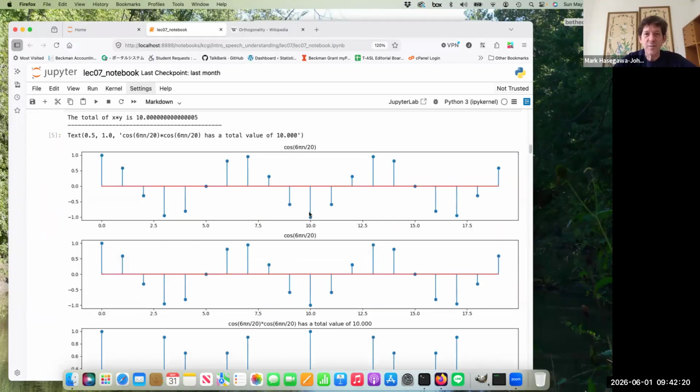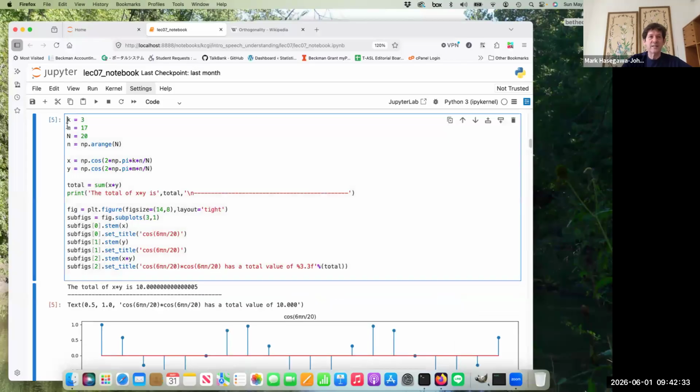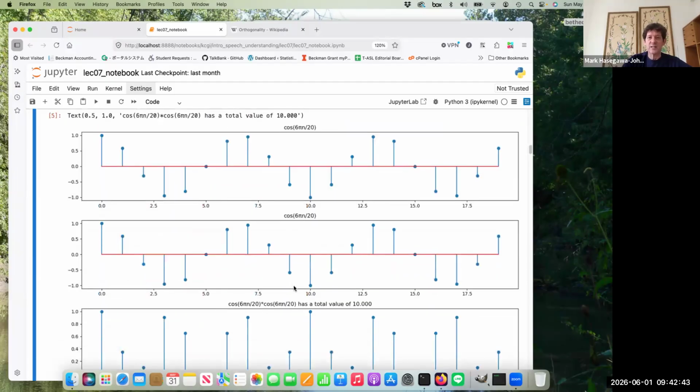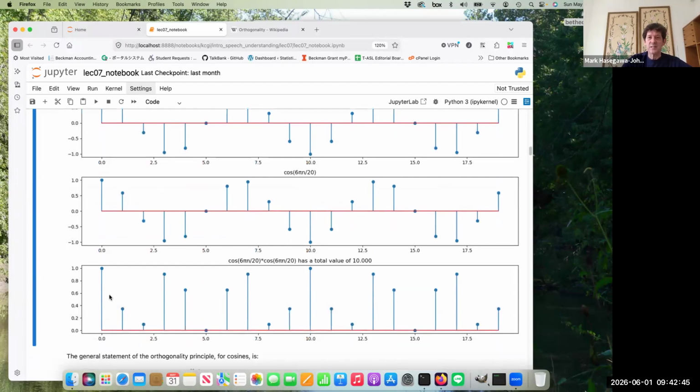Here's 3 periods, here's 17 periods, but 17 periods looks just like 3 periods because of aliasing. And so even though I have a cosine with 3 periods and a cosine with 17 periods, because I have only 20 samples, those are actually the same signal. 17 periods has been aliased back to 20 periods, and the result is still that the average value is 10.